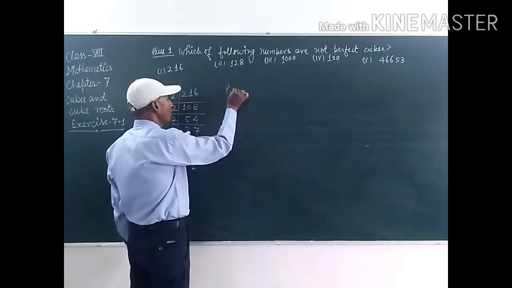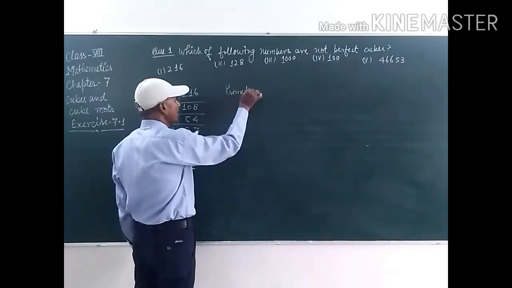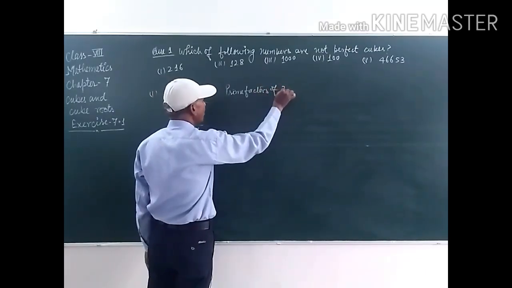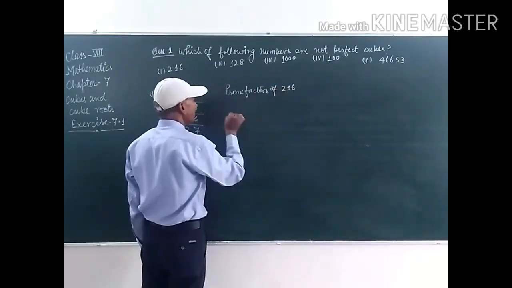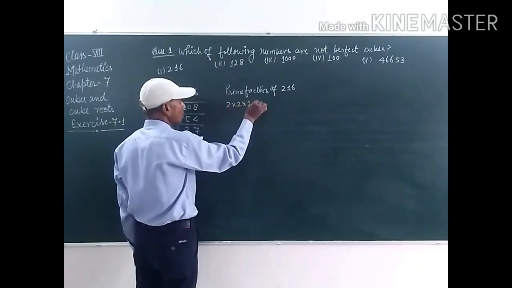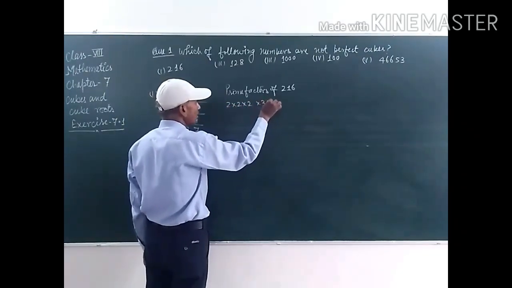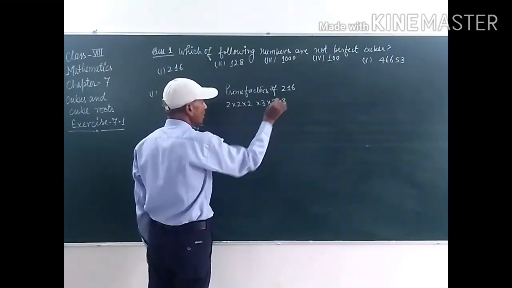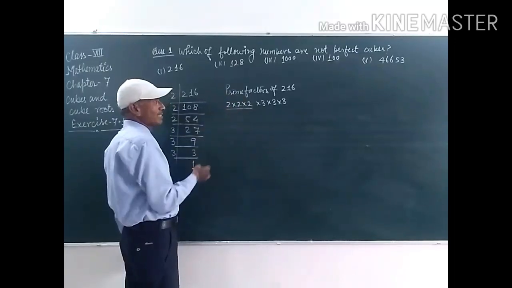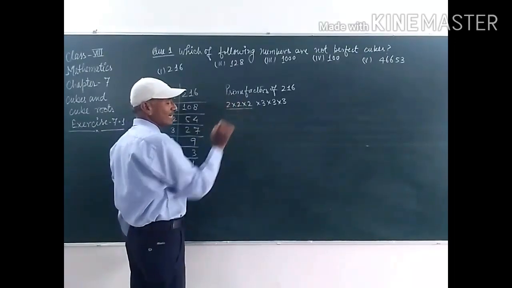So now we have to find the prime factors. The prime factors of 216 are 2 into 2 into 2 into 3 into 3 into 3. So, this is the first group of triplets, or the first group of 3.